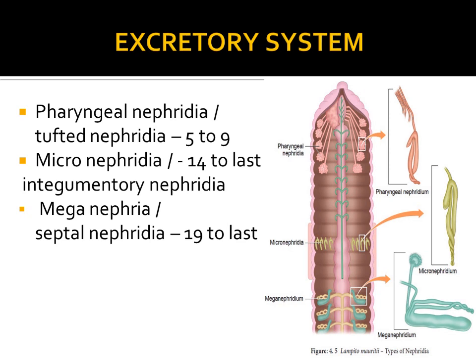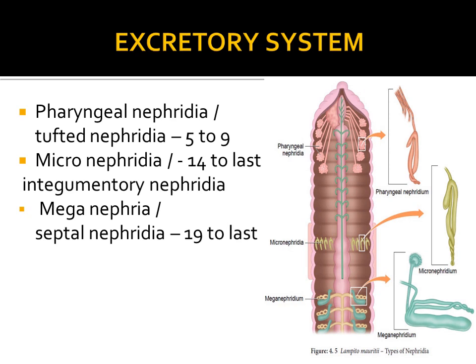We already learned about the external apertures: throughout the body a nephridia pore is present except in a few segments. Let us see which nephridia are present and at which segments.